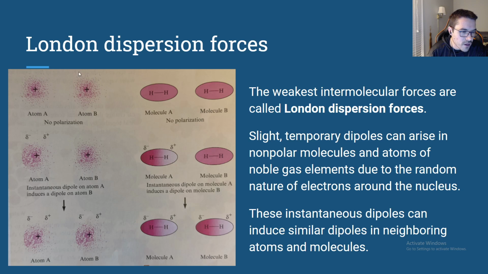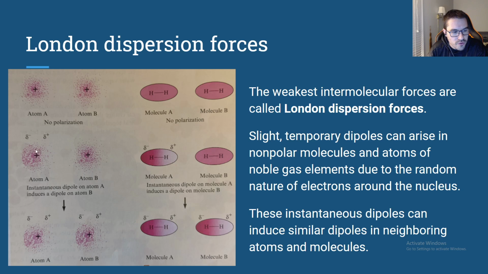In this first picture, the electron density is evenly distributed around the nucleus. What can happen, and what does happen, we have empirical proof of this, from time to time, in brief instantaneous moments, is that the electrons just happen to be weighted, from a probability perspective, on one side of the nucleus rather than the other, okay?